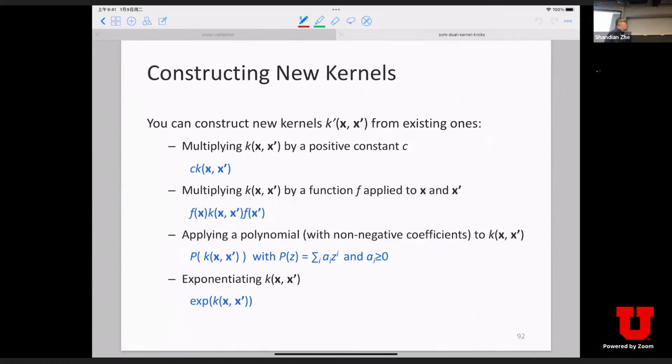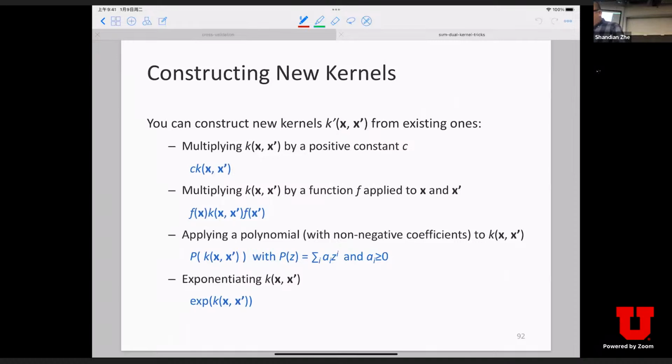Now suppose we have a set of existing kernels. How can we construct new kernels? We don't want to construct the kernel function from scratch; we want to leverage some rules. It's like building with Legos: use basic blocks to compose a very complex kernel. Here are some commonly used rules to construct new kernels.